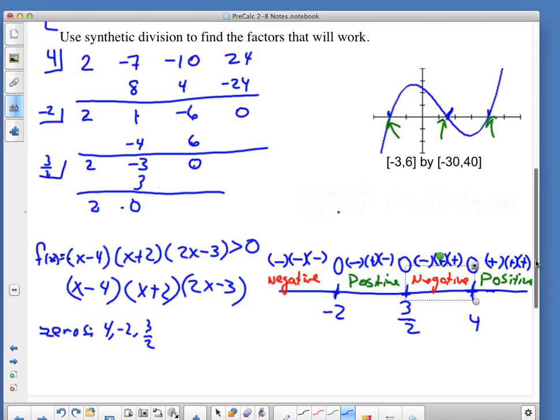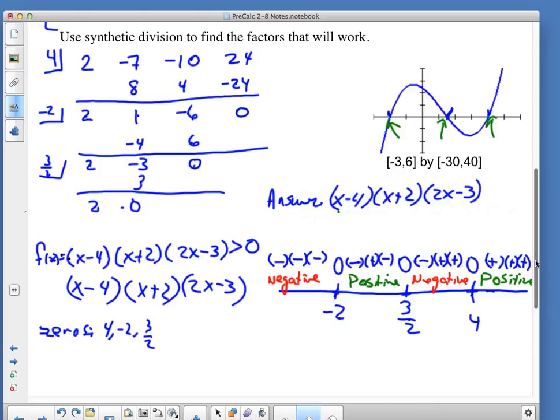So when I'm looking at this, I got my answer for when this is going to be positive. I should just take this, and 2x minus 3 is greater than 0.